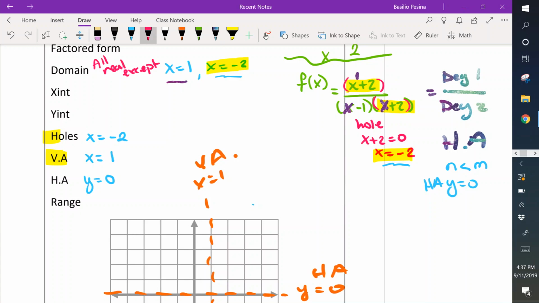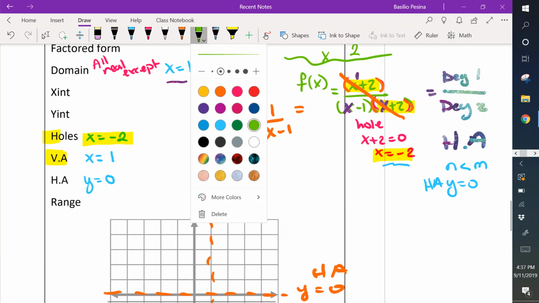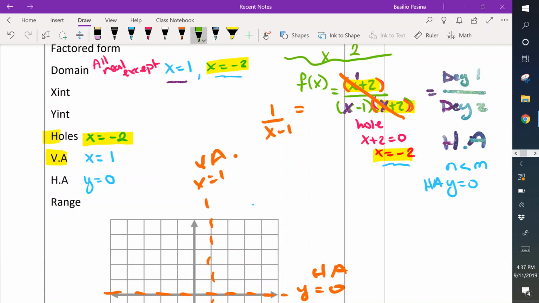The x plus 2 gave me that hole, so I simplified, and what I was left with was 1 over x minus 1. So if I get this x value that I found for my hole, I can find the y position by substituting the -2 into the x. Evaluating f of -2, I obtain 1 over -2 minus 1. That gives me -1/3.